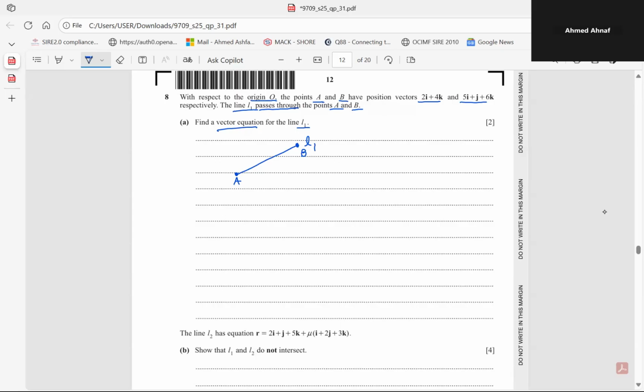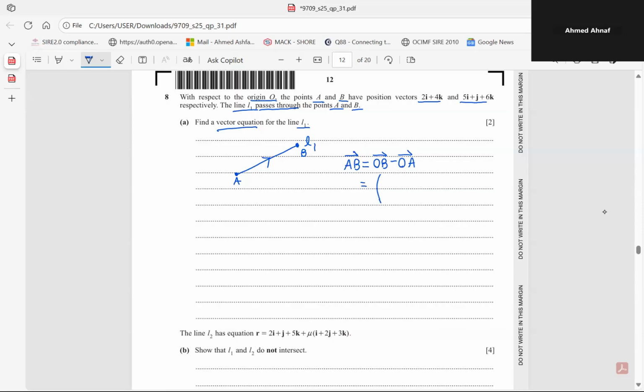In order to find the vector equation, we have to know the position vector of one of the points on this line and the direction vector. So it's going to be either AB or BA. Let's find AB. AB is just OB minus OA.